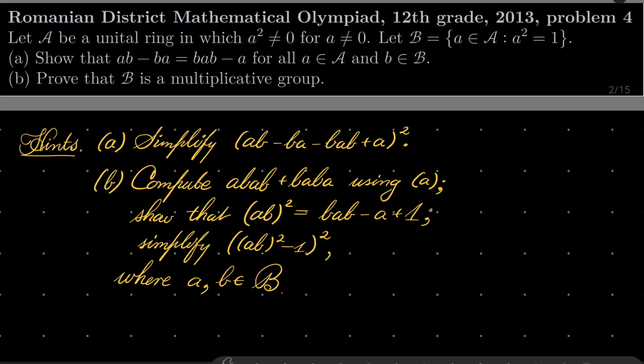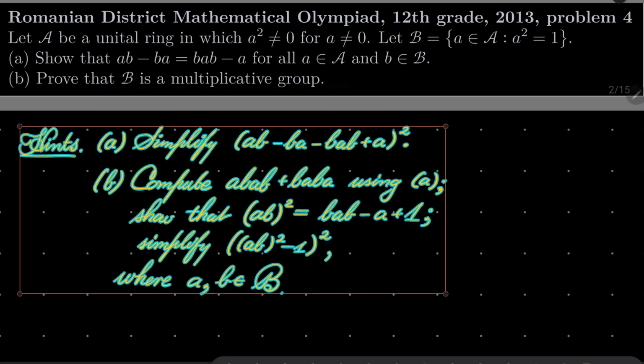You should expand it, cancel a bunch of terms, and you should get your result of part A. And for part B, you should first compute ABAB plus BABA using the result of part A. Then you should show that AB squared equals BAB minus A plus 1, again using part A. And finally, you should simplify AB squared minus 1 squared, where this time both A and B are from set B. So give this problem a try and I will see you in just a minute.